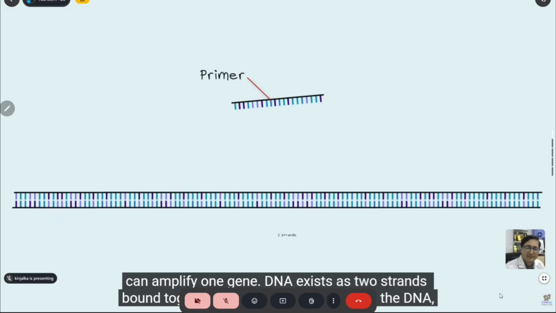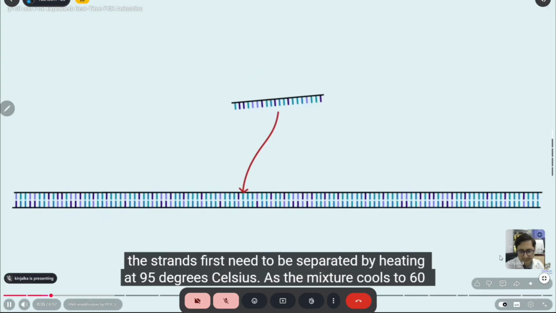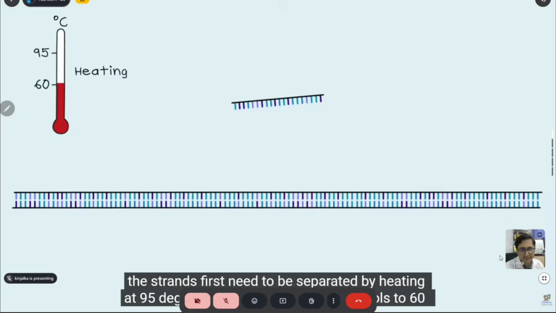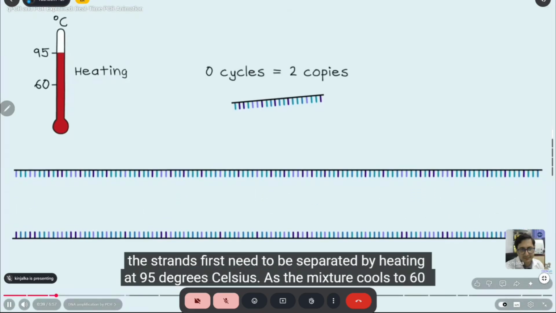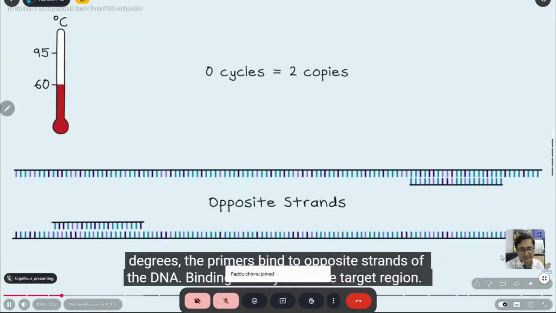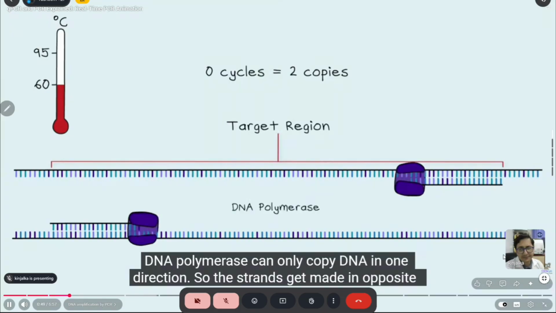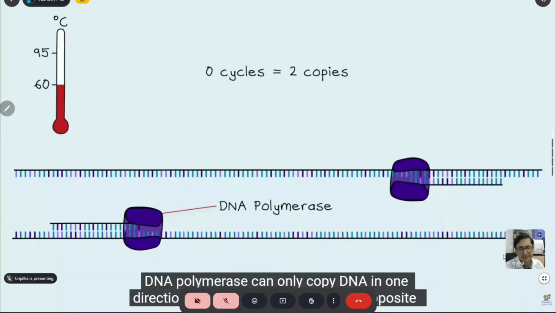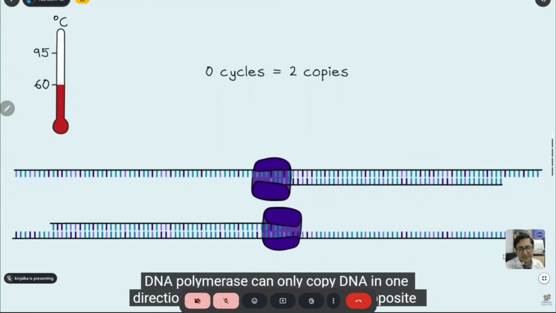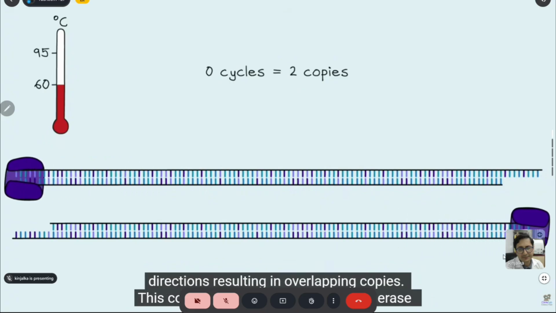DNA exists as two strands bound together. So for a primer to access the DNA, the strands first need to be separated by heating at 95 degrees Celsius. As the mixture cools to 60 degrees, the primers bind to opposite strands of the DNA, so they flank the target region. DNA polymerase can only copy DNA in one direction, so the strands get made in opposite directions, resulting in overlapping copies.